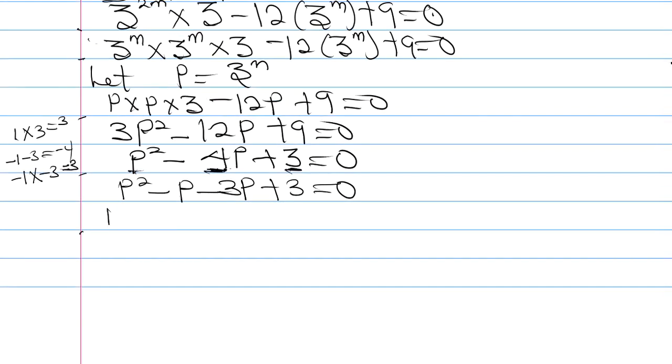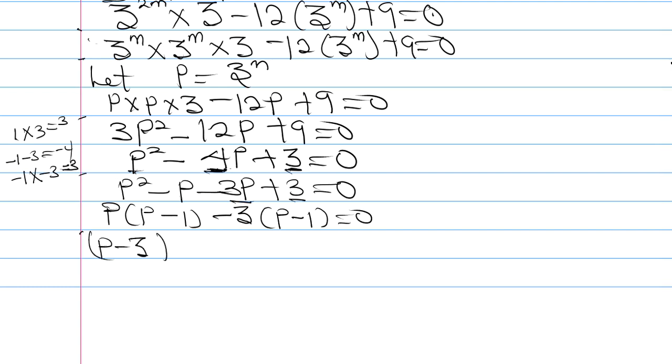Now let me factorize: p into p minus 1, and minus 3 common, so minus 3 into p minus 1 equal to 0. We have p minus 3 into p minus 1 equal to 0. Here I can say p minus 3 equal to 0, or p minus 1 equal to 0.